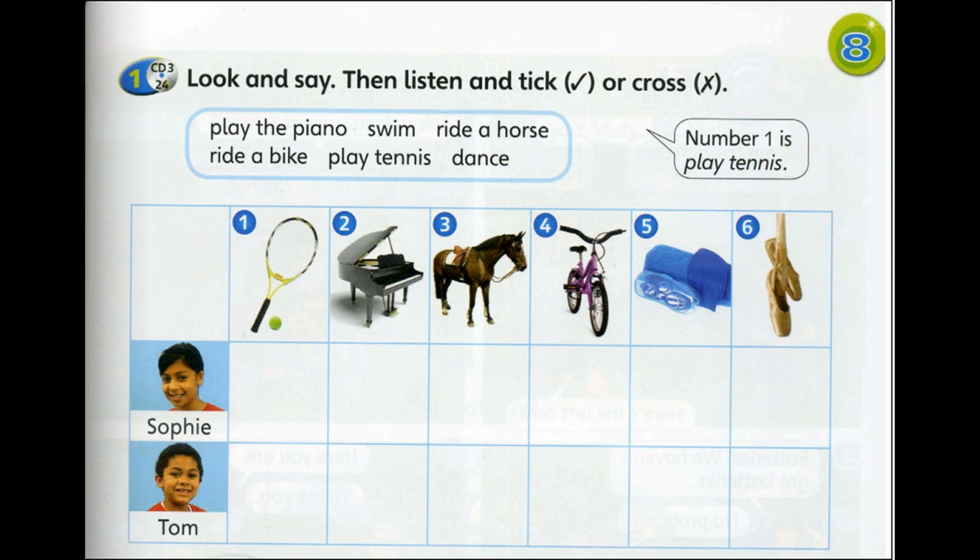Can you play the piano? Yes, I can. Can you ride a horse? Yes, I can. And can you ride a bike? Yes, I can. Can you swim? Yes, I can. Can you dance? No, I can't. Thank you, Sophie.